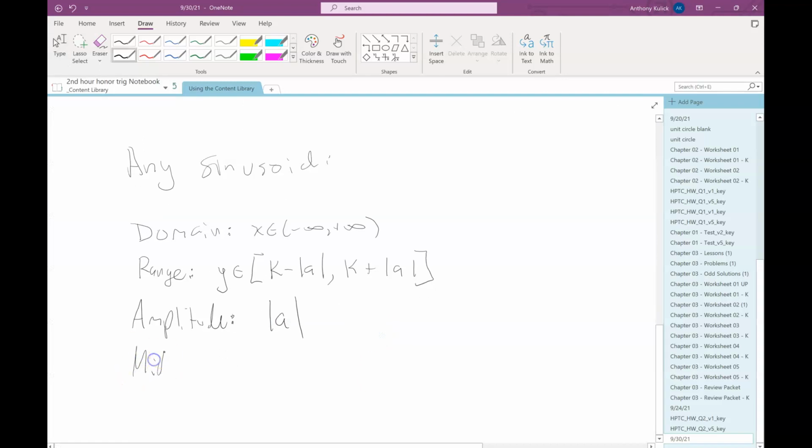Midline, is the midline going to change? Maybe, okay. It could, right? Now, if all we're doing is stretching vertically or horizontally, is the midline going to change? No. What else could we do? If we reflect, is that going to change?